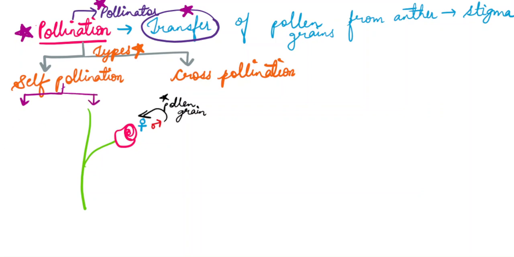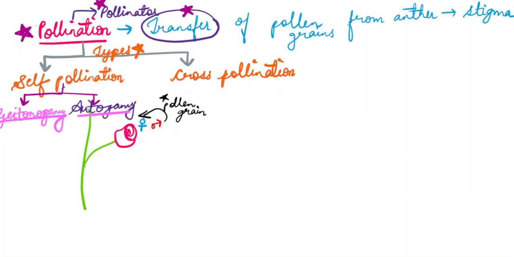The first type is autogamy, and the second type is geitonogamy. You can also say geitonogamy, pronunciation depends. So here there are two types, autogamy and geitonogamy. Now autogamy means what?